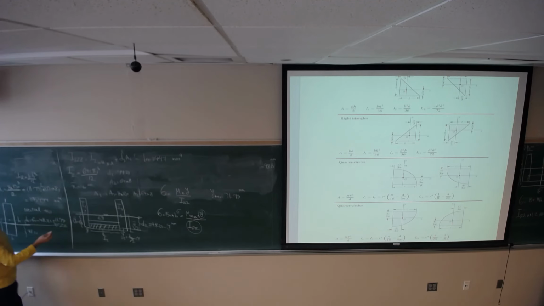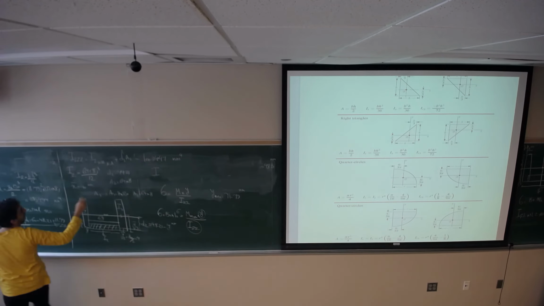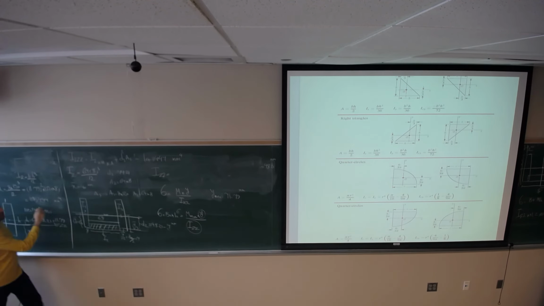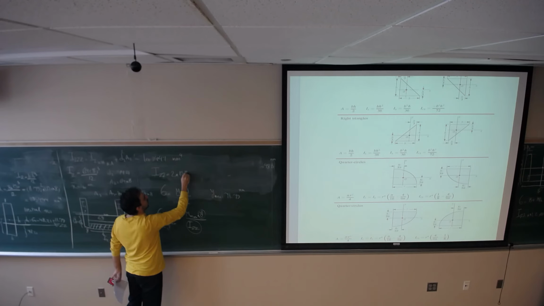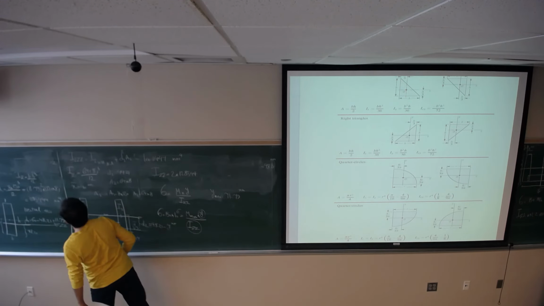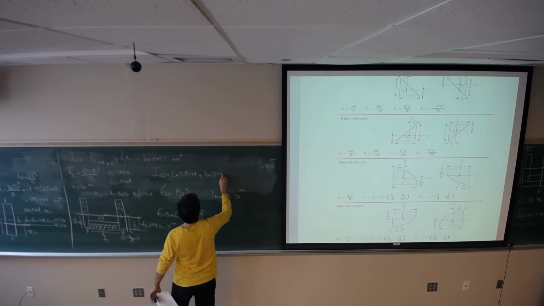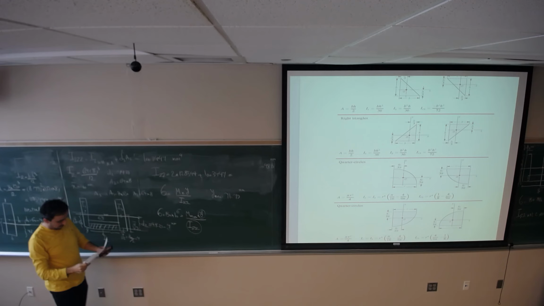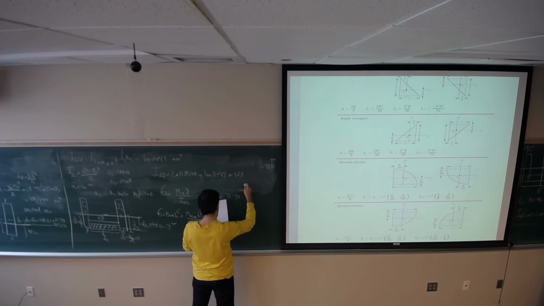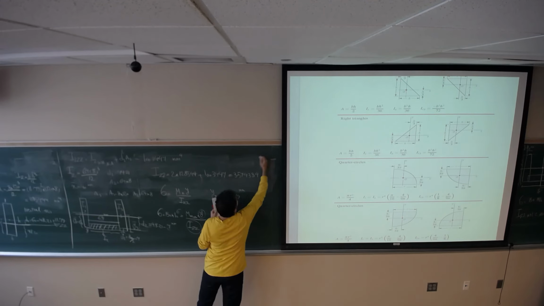The total I is going to be the summation of all three: 2 times this, plus 103,447, which is going to give me 357,433 millimeter power 4.